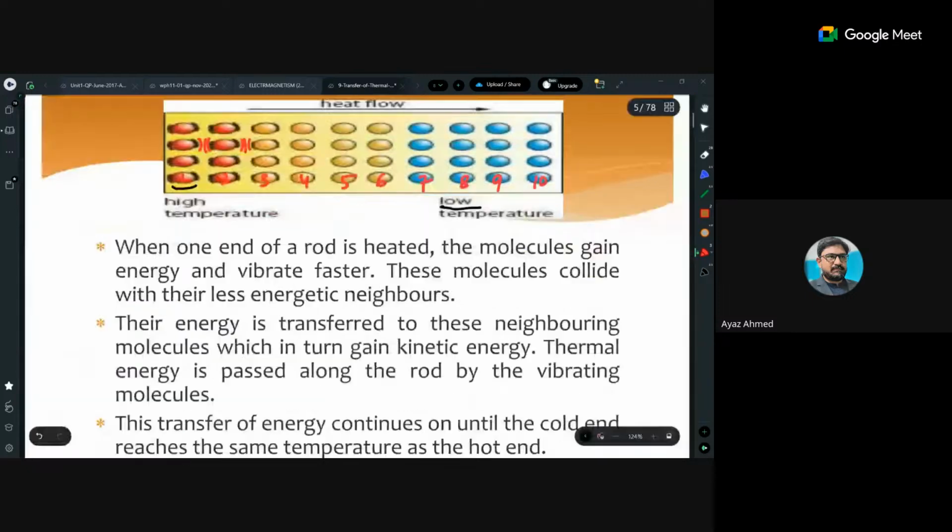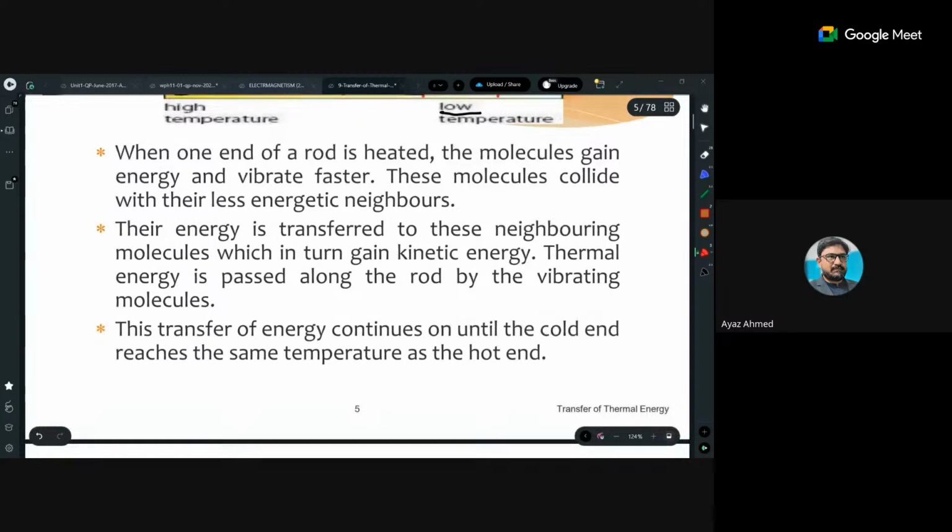So remember this thing, that the energy is transferred by neighboring particles, by gaining thermal energy and then losing it, transferring it to the other. This transfer of energy continues until the cold end reaches the same temperature, right?